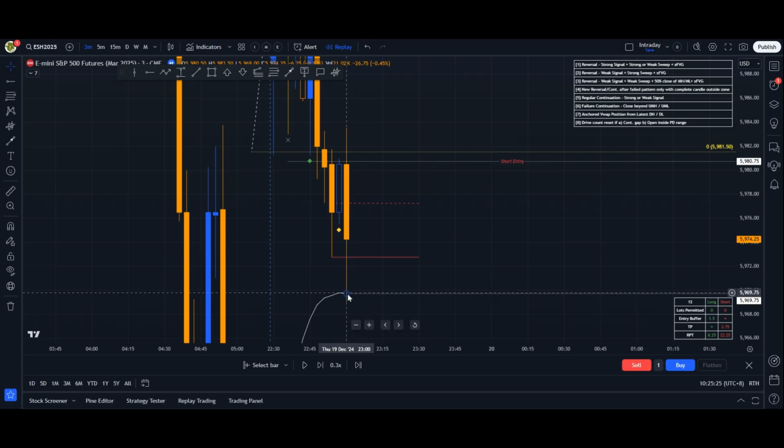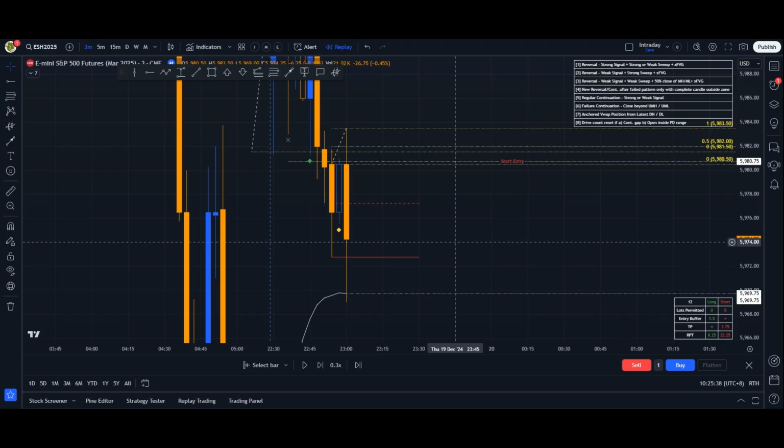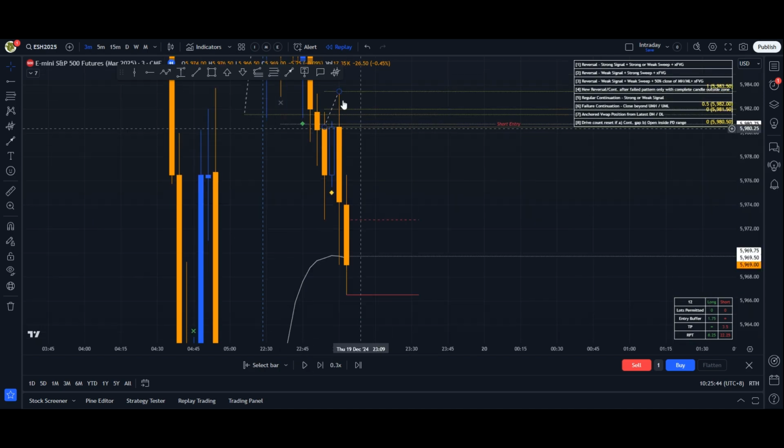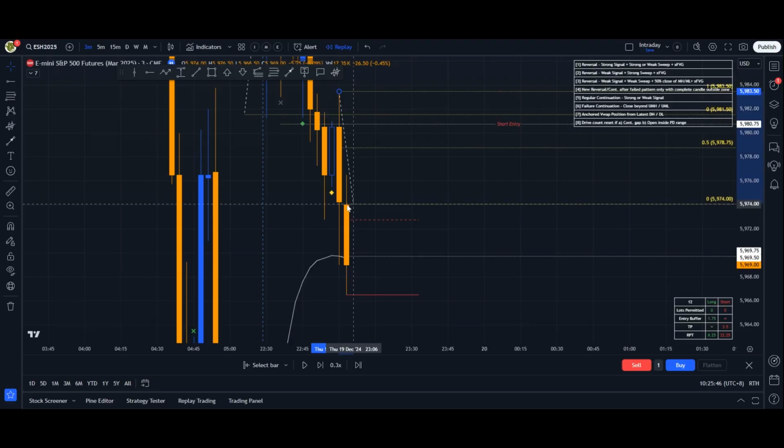But any which way, so when this bar had printed, which was a big bearish bar, and it did come to the target that I was trying to take, and it did not happen, I think that is when I did move my stop loss to this level, thinking that yeah, if the market moves down, then probably I will get a good trend. And then this got printed, which gave me the opportunity to do the same thing here, right?